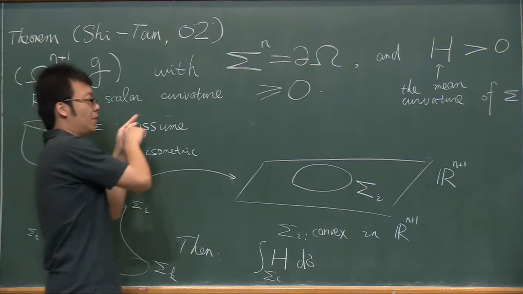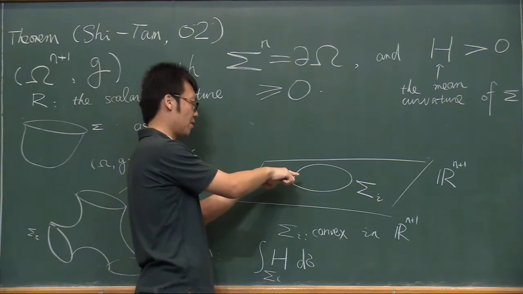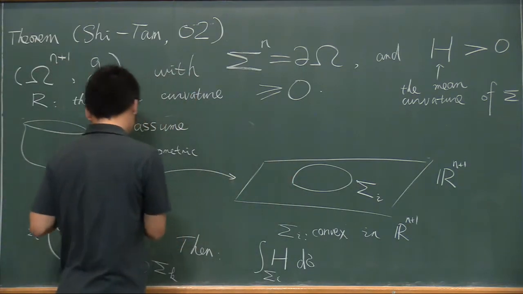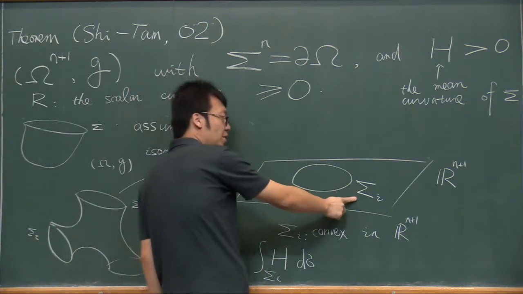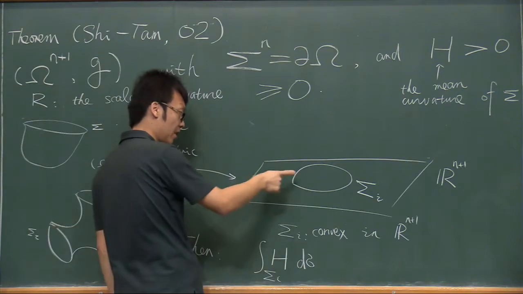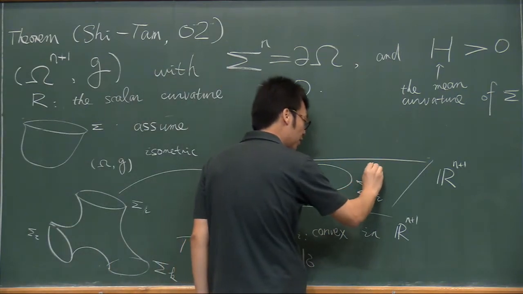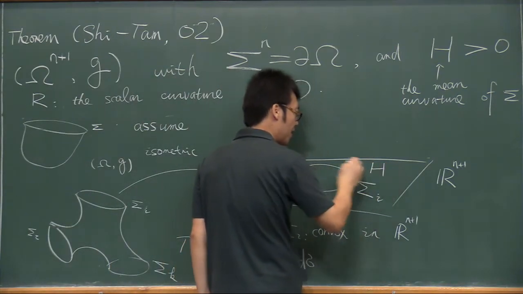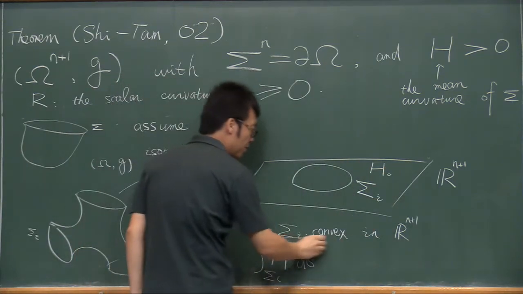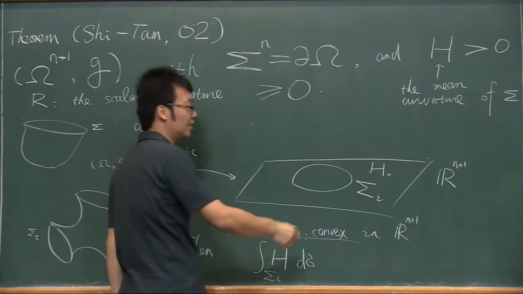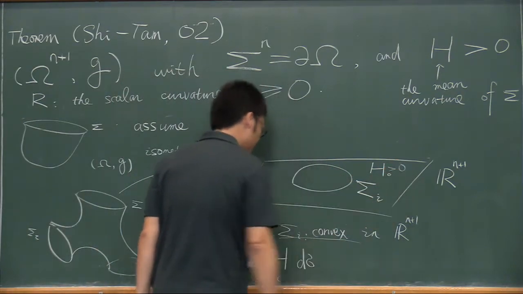And in this target space, where we assume that sigma I is isometrically embedded in R^(n+1), its image also has its mean curvature, which we will denote by H0. And because one assumes that sigma I is convex, we know this is also a positive function.